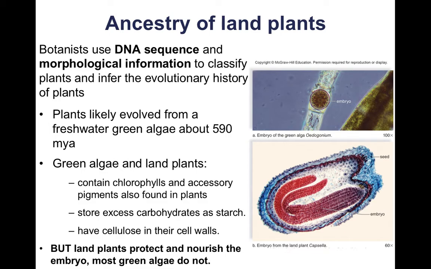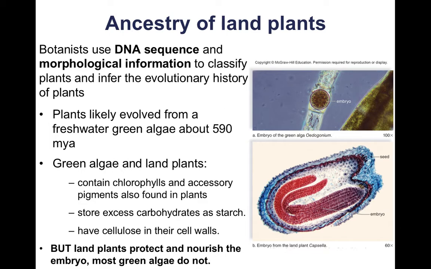And based on morphological, biochemical, and DNA sequence information, we think that plants likely evolved from freshwater algae about 590 million years ago. Green algae and land plants have sequence similarity, but they also have some other similarities in terms of function and structure.